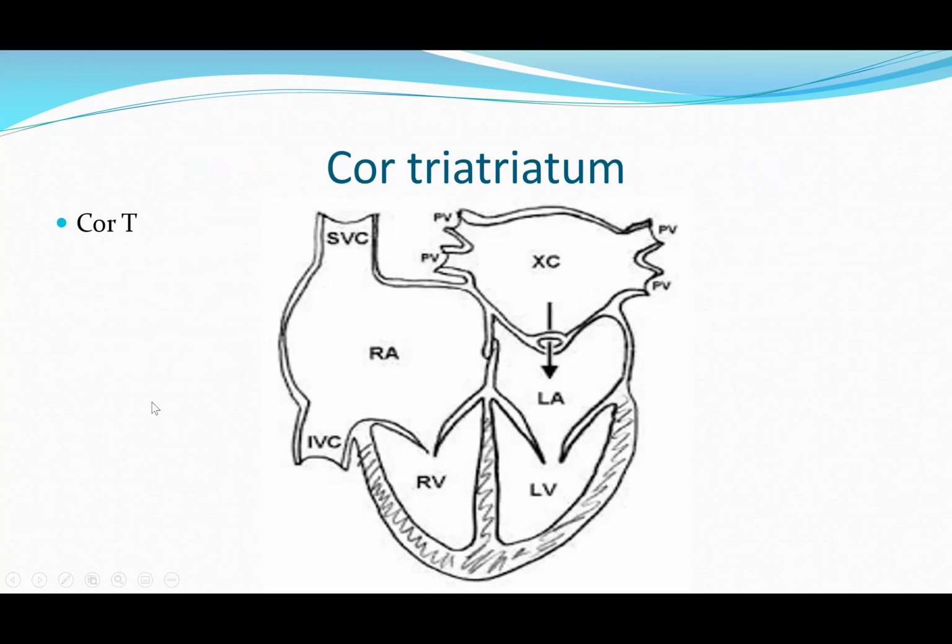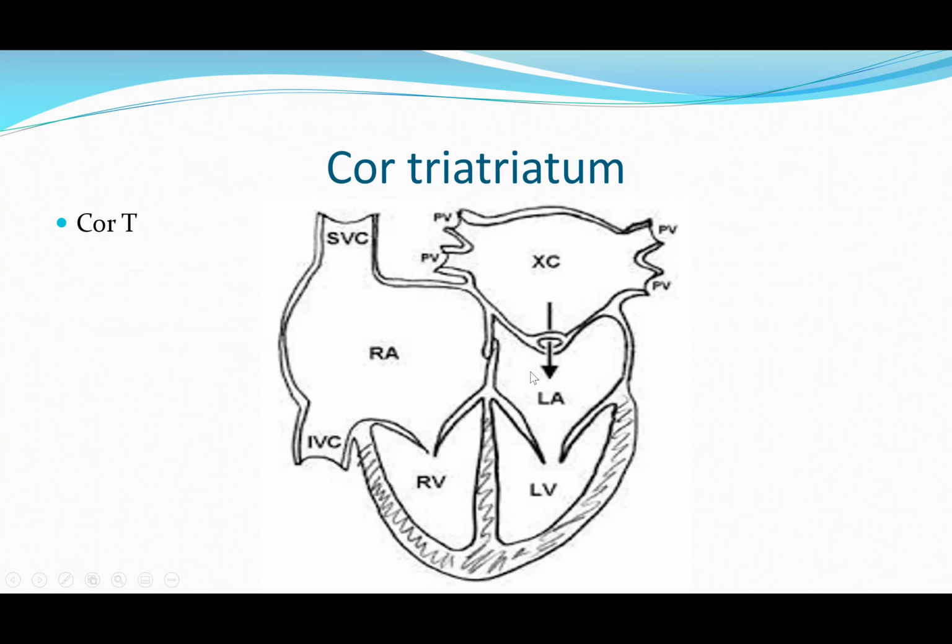This is another congenital defect one can be born with called triatriatum. And that's a membrane dividing the left atrium into two chambers. There's an upper or superior part and an inferior part.